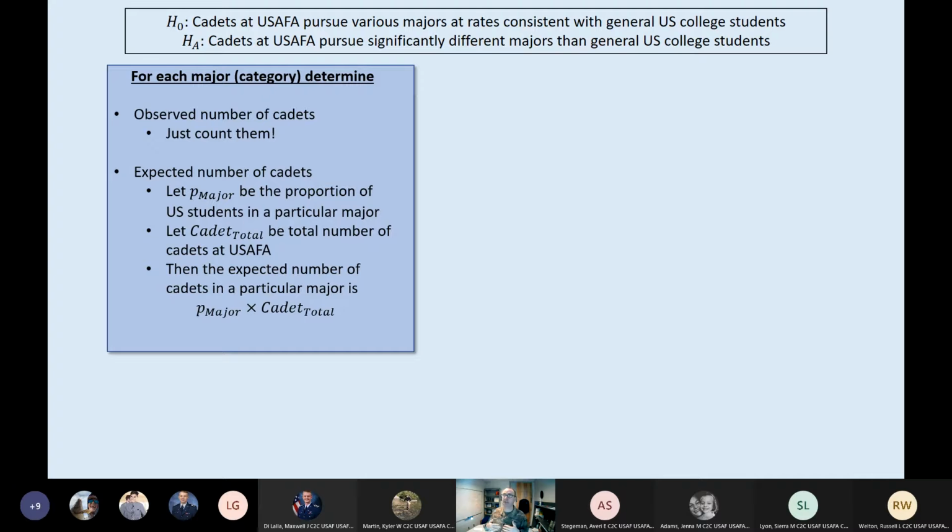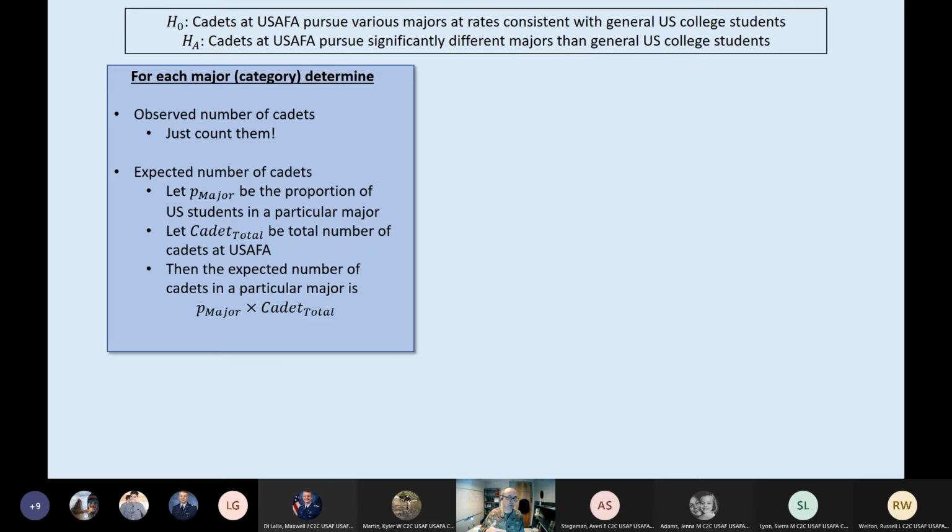But let's say that 10% of all US college students are math majors. Well, then if the distribution of majors at USAFA matched the distribution across the US, we would expect to see that 10% of our students are math majors. So the expected number of cadets would be the total number of cadets at USAFA times 10%. If we had 4,000 cadets, then I would expect to see 400 of the cadets to be math majors, right?